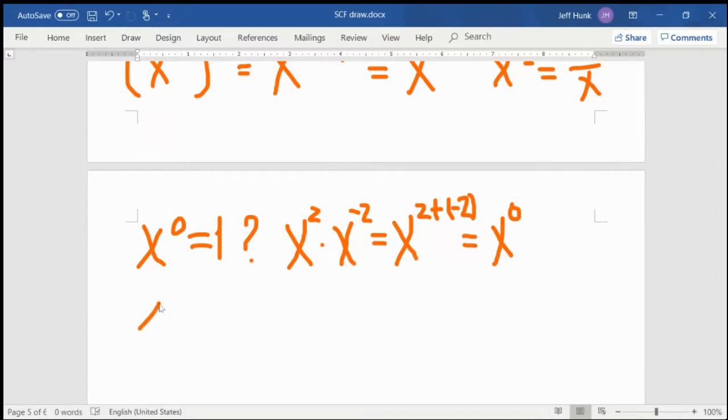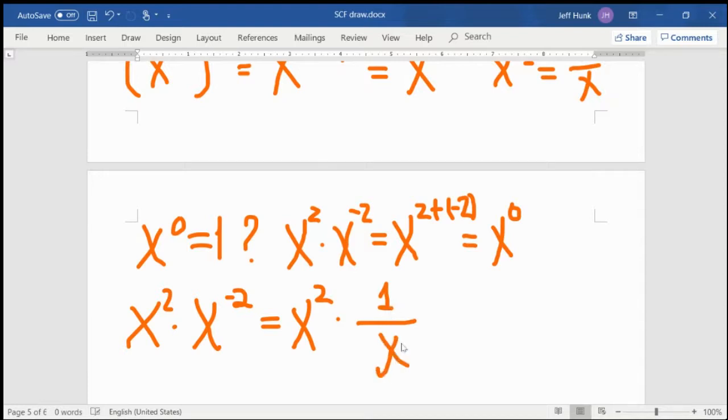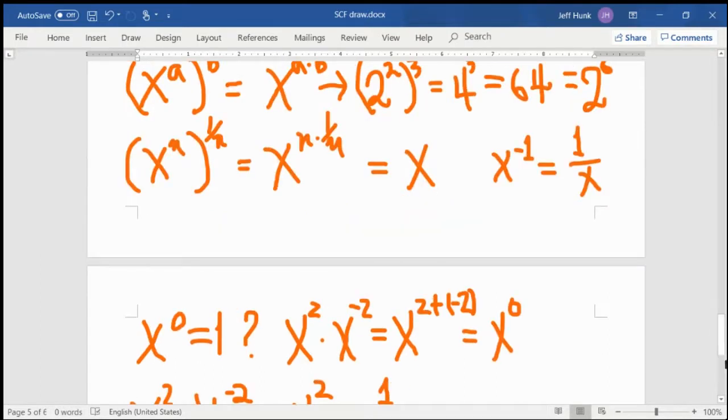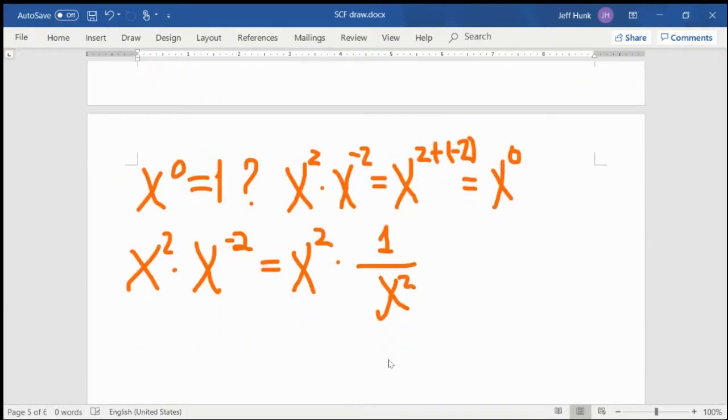Now, to answer that, let me write it back here. So we all know x squared times x to the negative 2, and x to the negative 2 is 1 over x squared. So it's x squared times 1 over x squared, right? Then what is this?